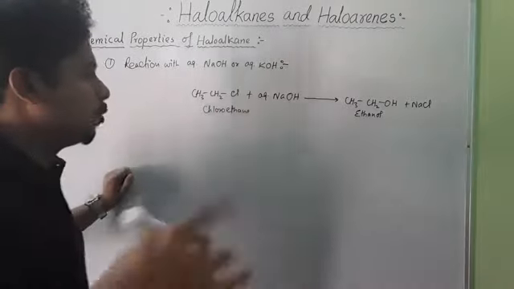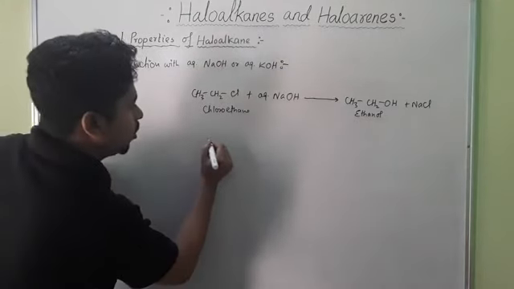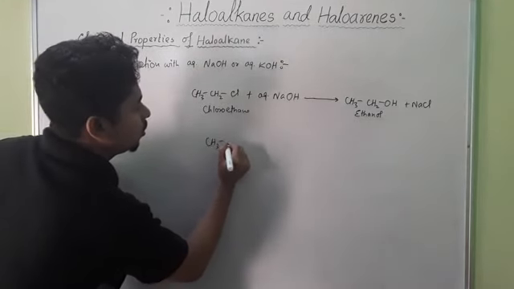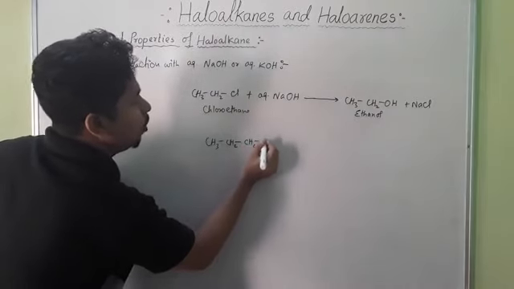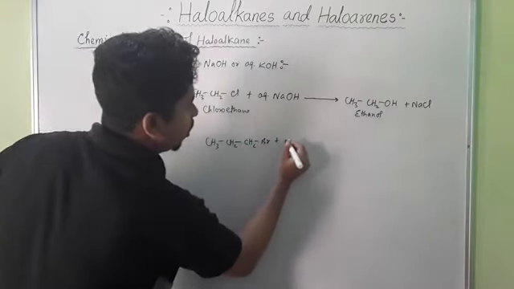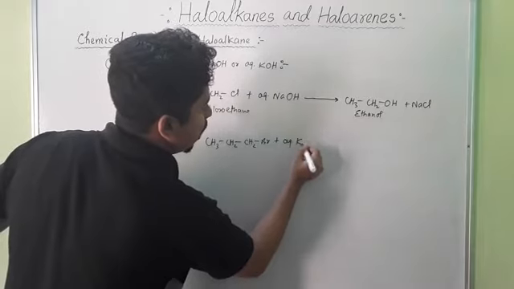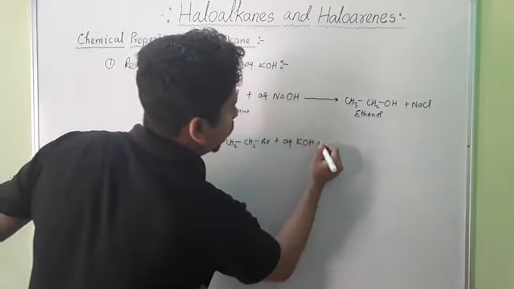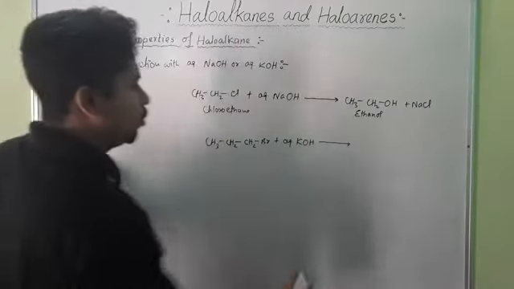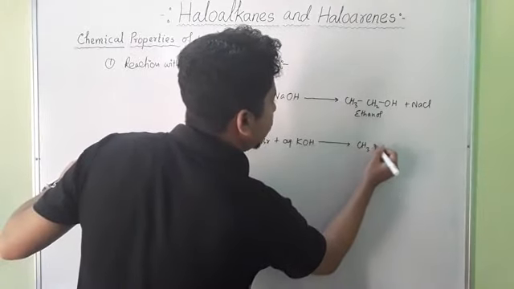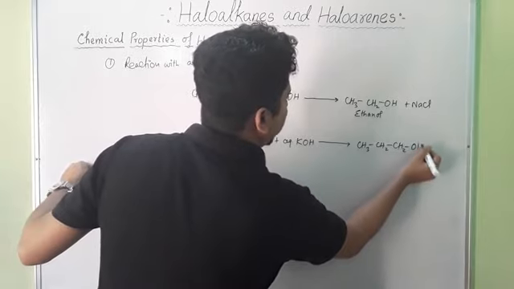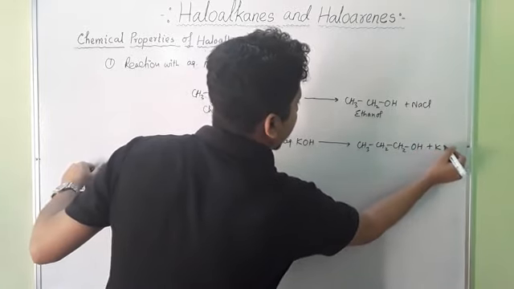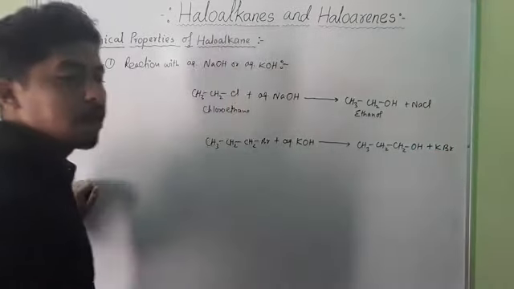Suppose another reaction: CH3-CH2-CH2-Br plus aqueous KOH. What will be the product? It will form CH3-CH2-CH2-OH plus KBr, potassium bromide.